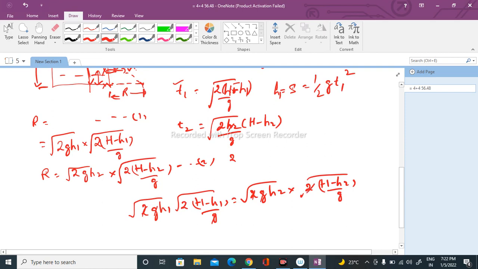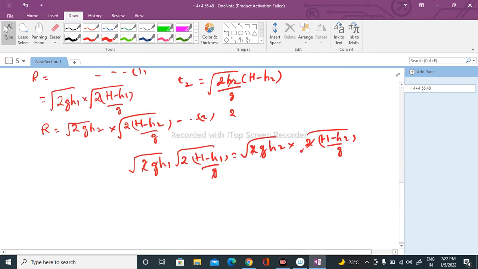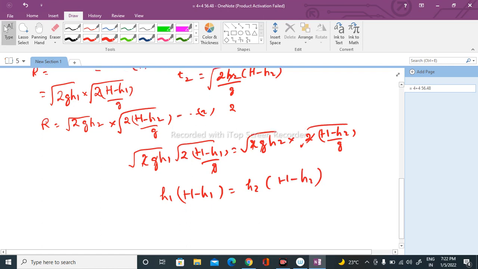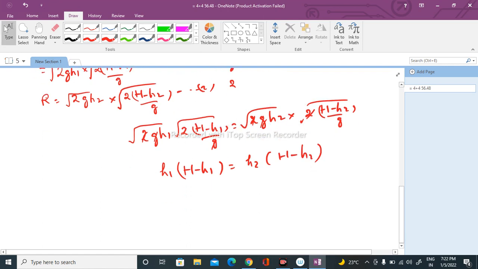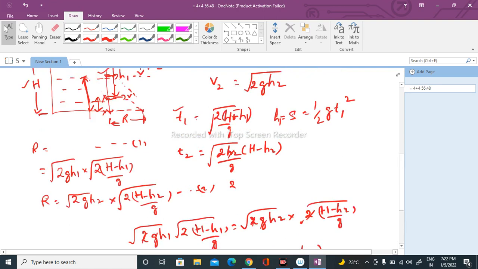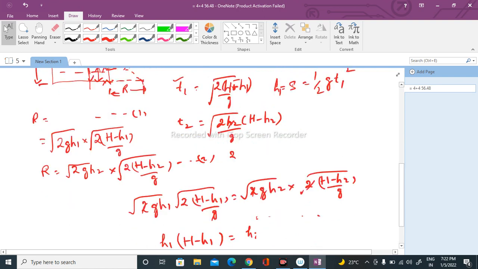And squaring both sides, what are we getting? If I square both sides, we will be getting h1 into h minus h1 is equal to h2 into h minus h2. From here we are trying to see some relationship between h1 and h2.